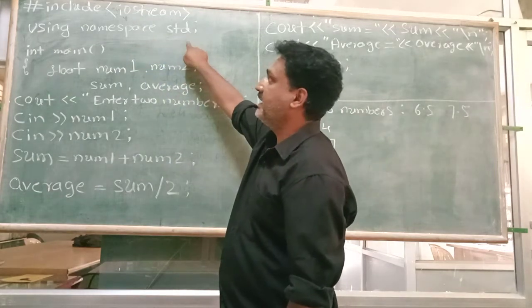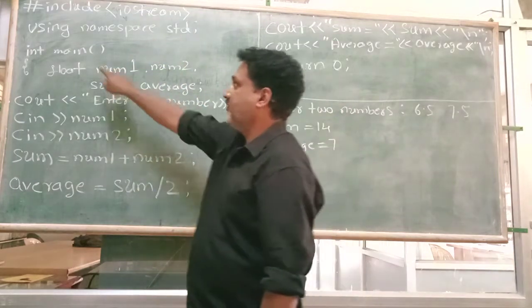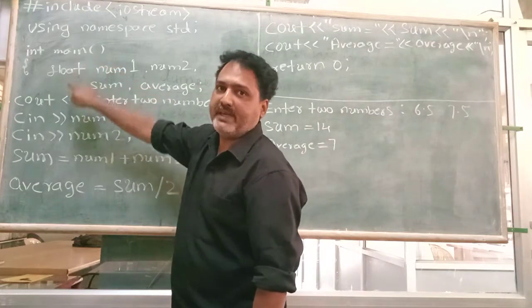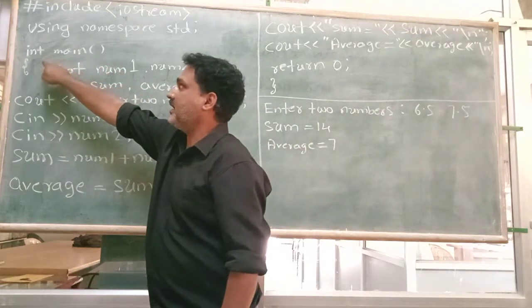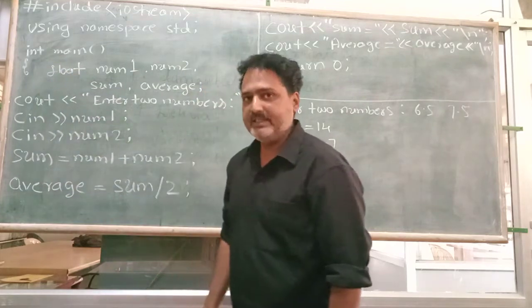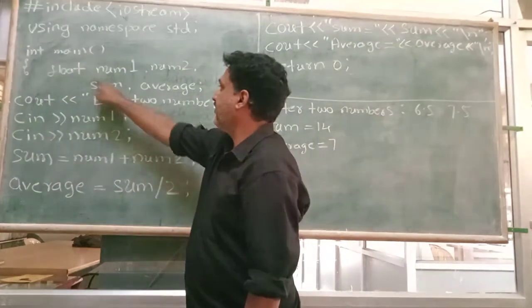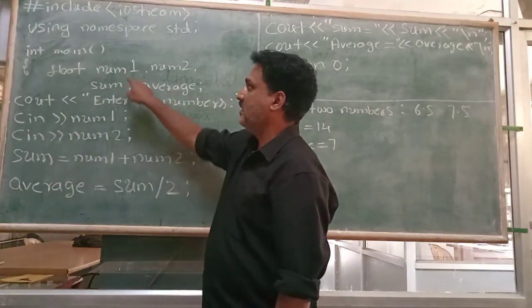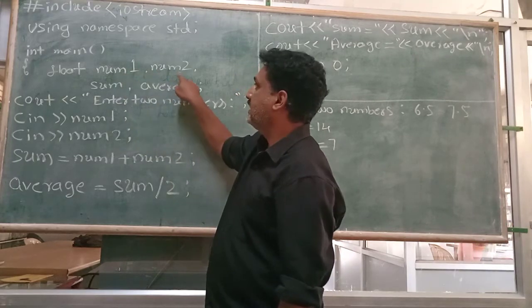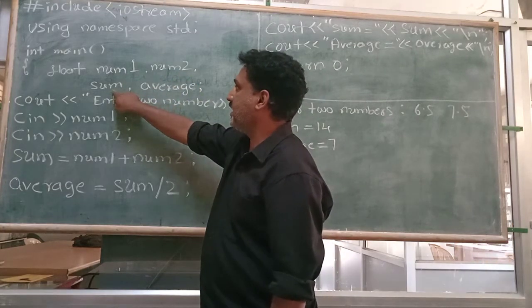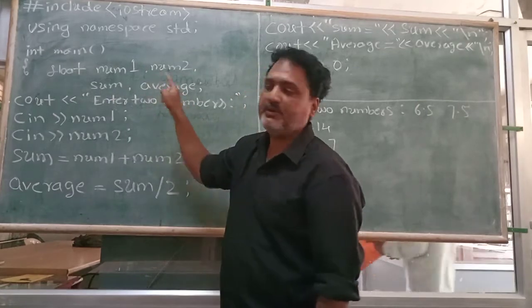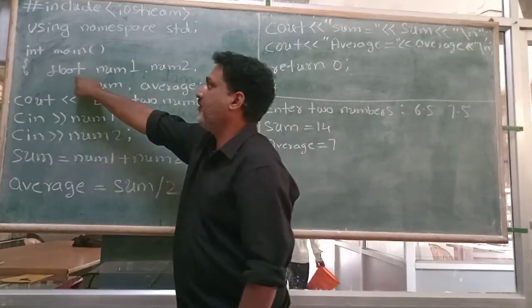From here the main program begins. The return type of the main program is integer. Here we have declared 4 variables: num1, num2, sum and average, all of the same data type, float.